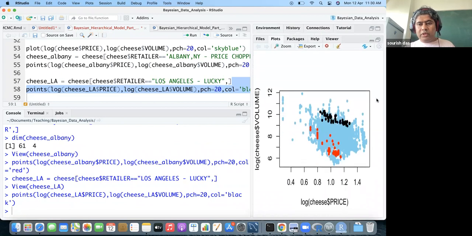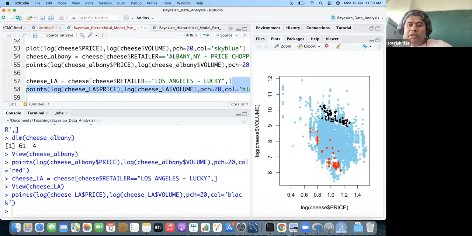So now you see it's a completely different grouping. Now what will happen if I fit just one line? The line will pass through here for the entire country. It will do a disservice to this Albany retailer, and to this one too, because it will make an offer that does not suit either.